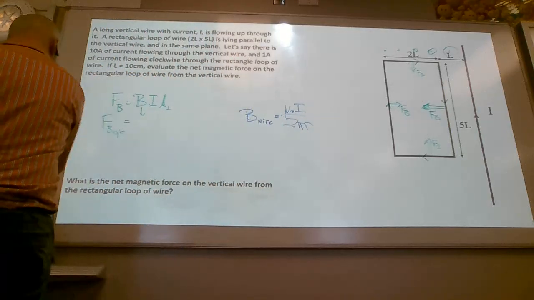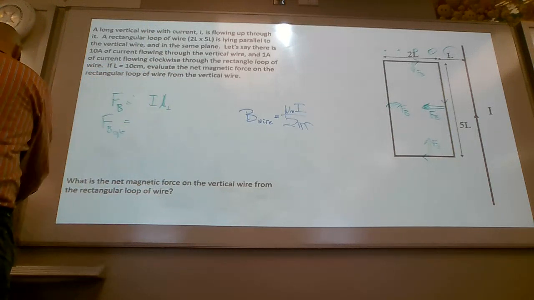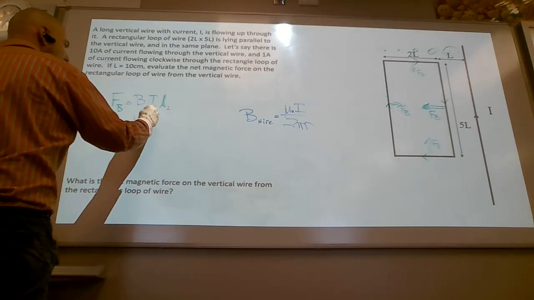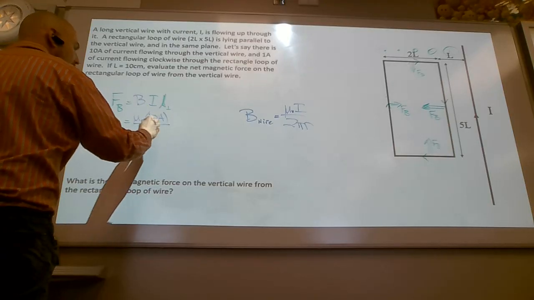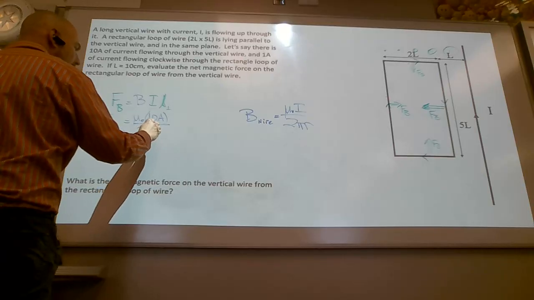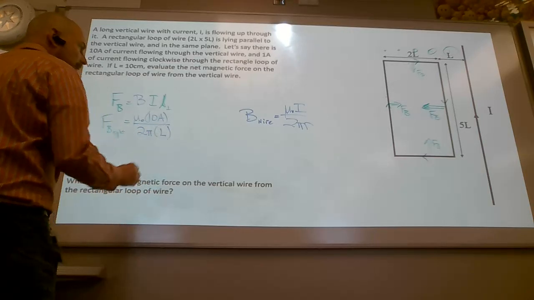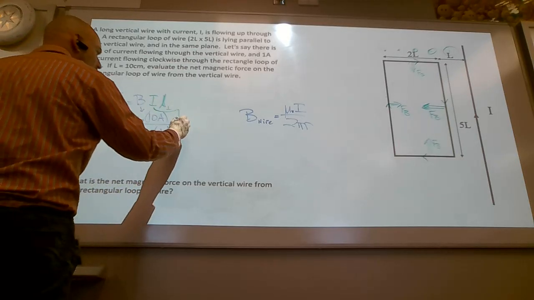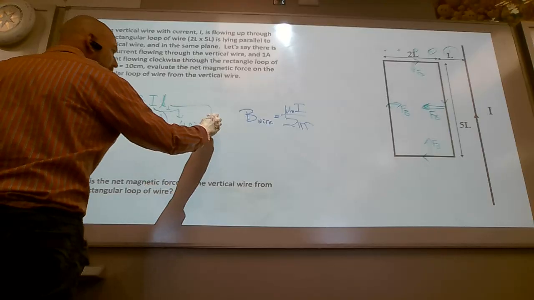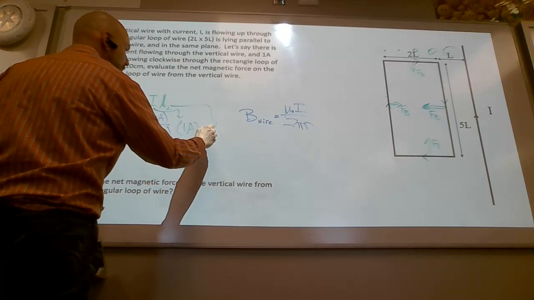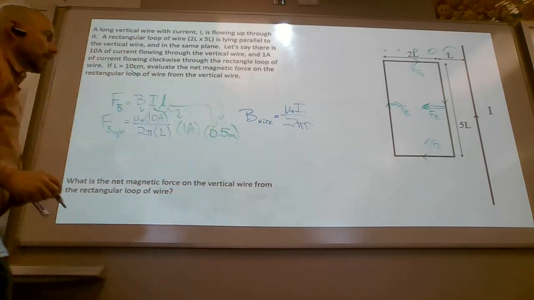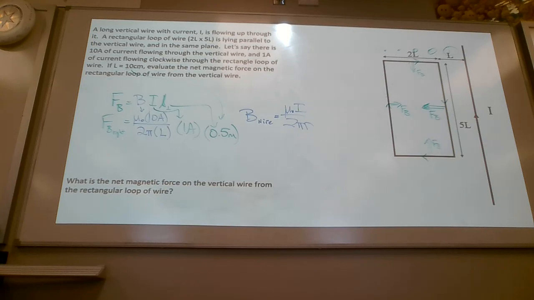Okay, this is B. So that's 10 amps over 2 pi times L times 1 amp times 50 centimeters. Yes? 5L.